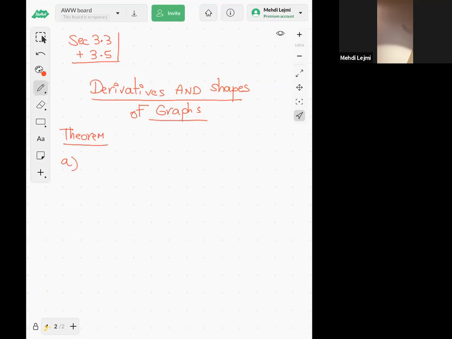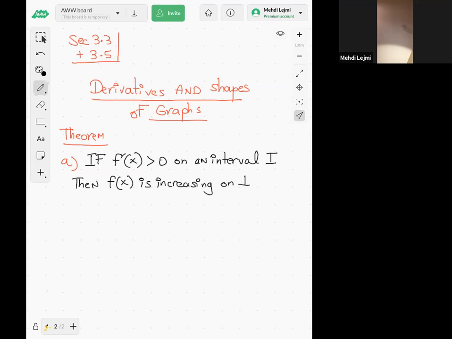If the derivative is positive, so if f prime of x is positive on an interval I, then f of x is increasing on I. And if the derivative is negative on the interval I, then f of x is decreasing on I.